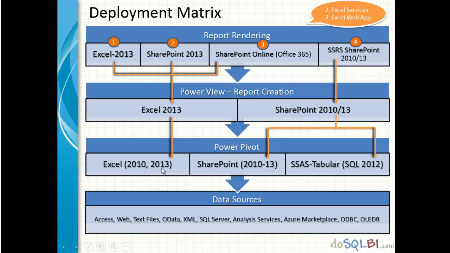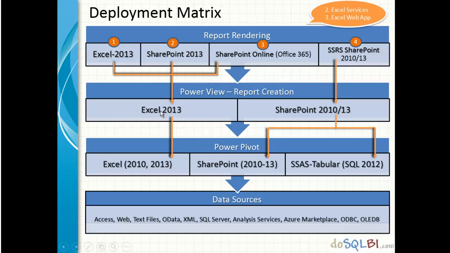Depending upon how you make the Power Pivot available, you can then have accordingly the options how and where you could create the Power View reports. If you make Power Pivot available as Power Pivot for Excel, we could create the Power View report within Excel itself.